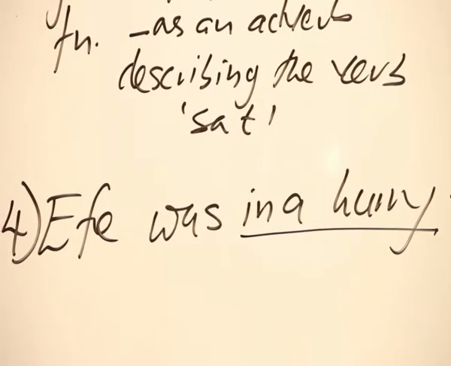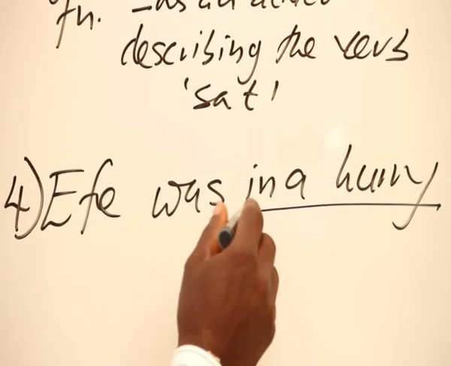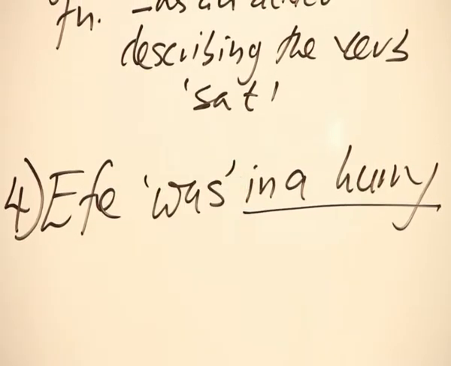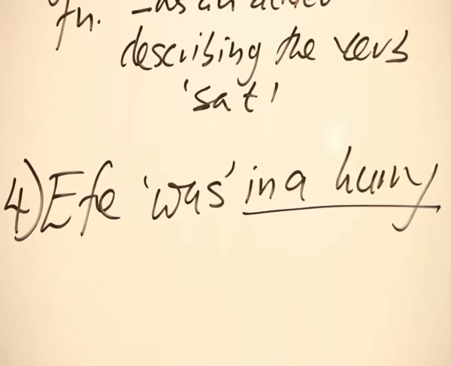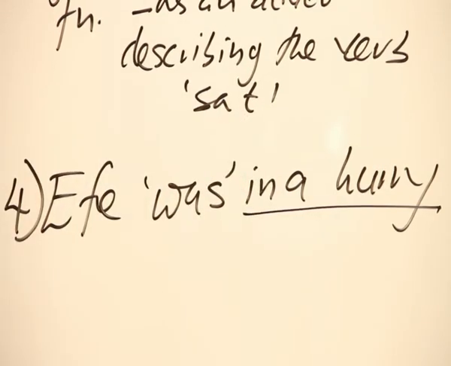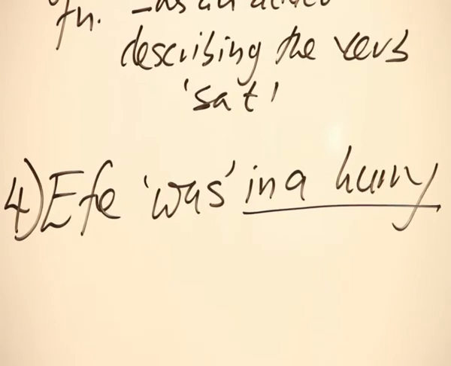Again, "in a hurry" describes the verb was. It tells you more about was. We can't stop at "if it was"; what? In a hurry. So "in a hurry," which is a prepositional phrase, is describing the verb was. That becomes the function of the prepositional phrase.